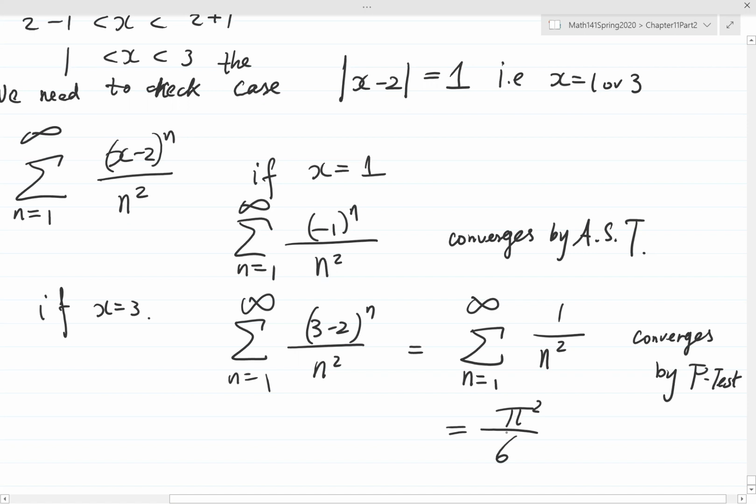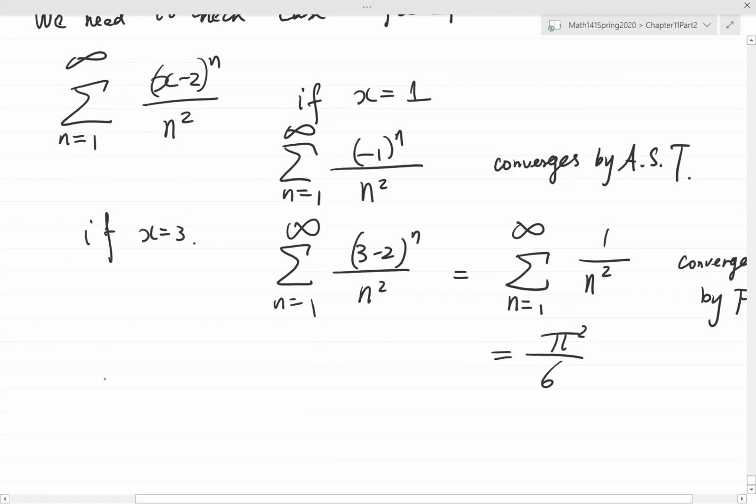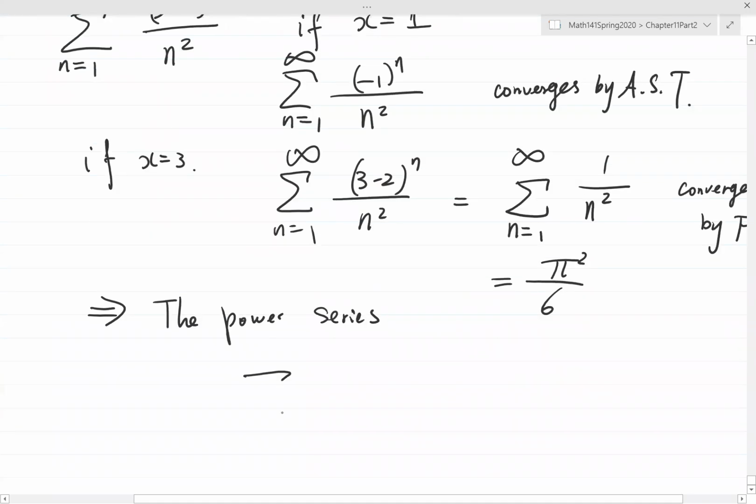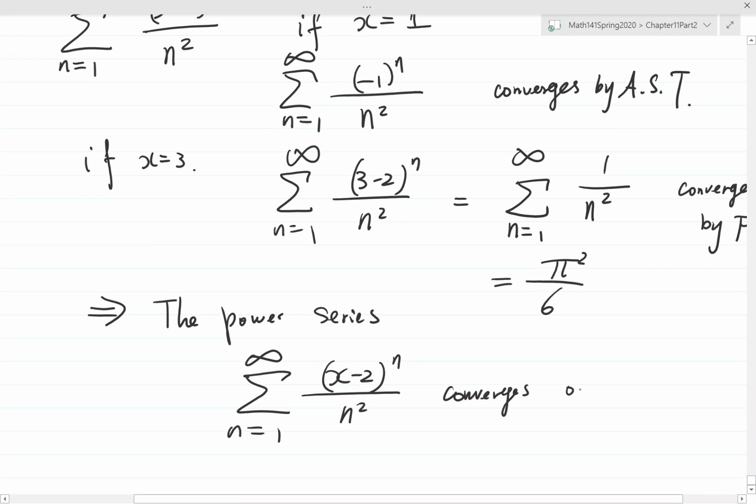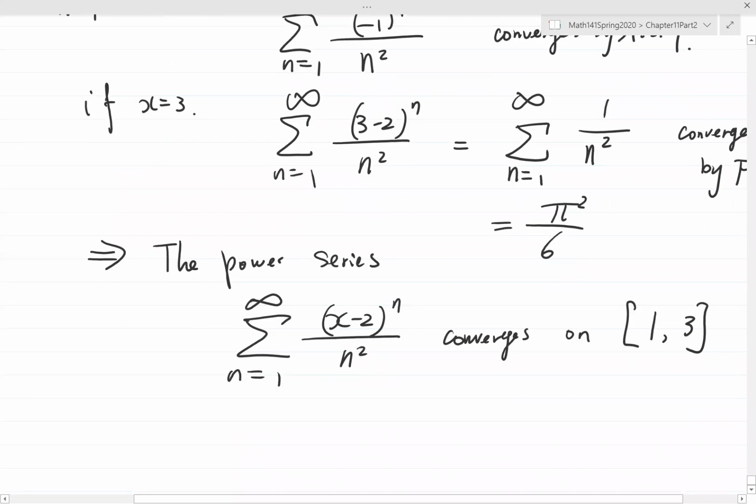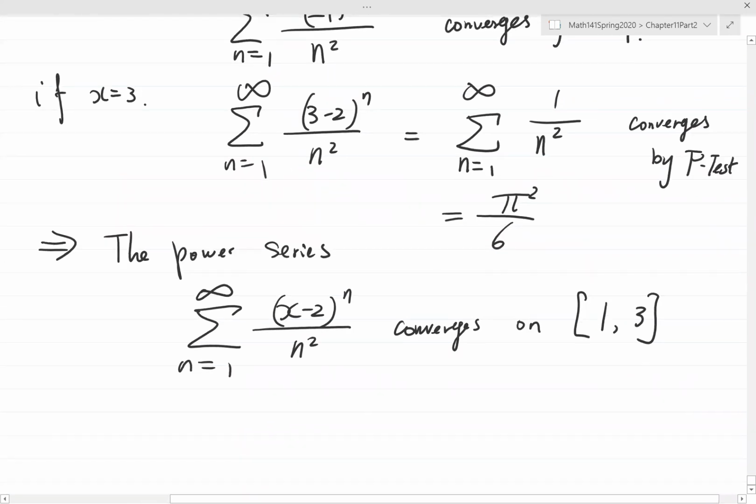So this implies the power series, x minus 2 to the power n over n squared, n from 1 to infinity, converges between 1 and 3, closed at 1 and closed at 3.